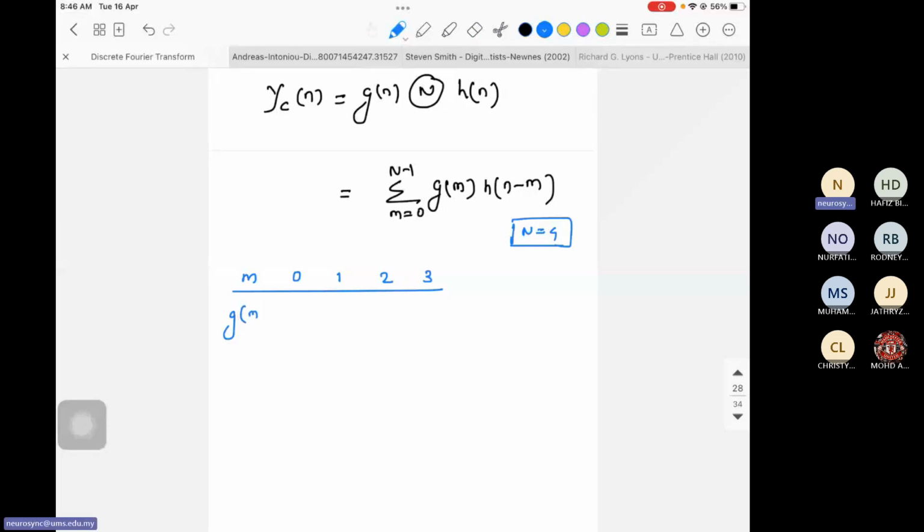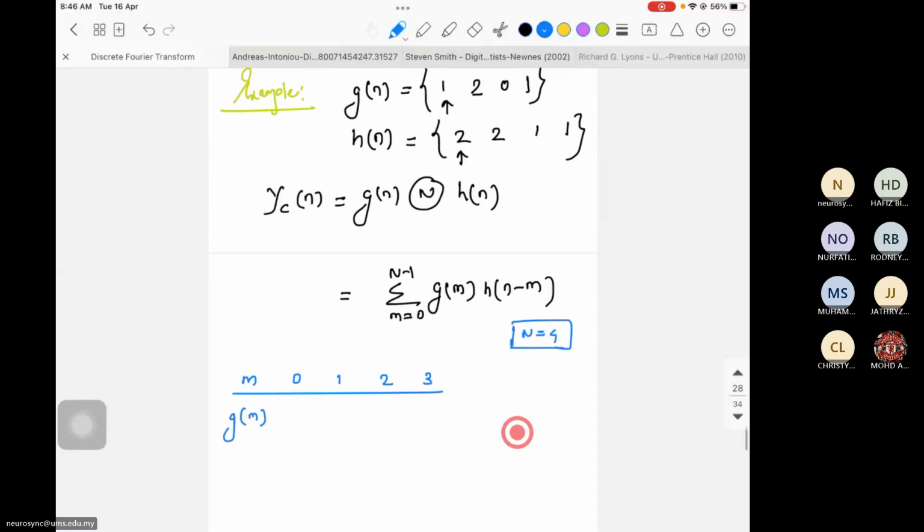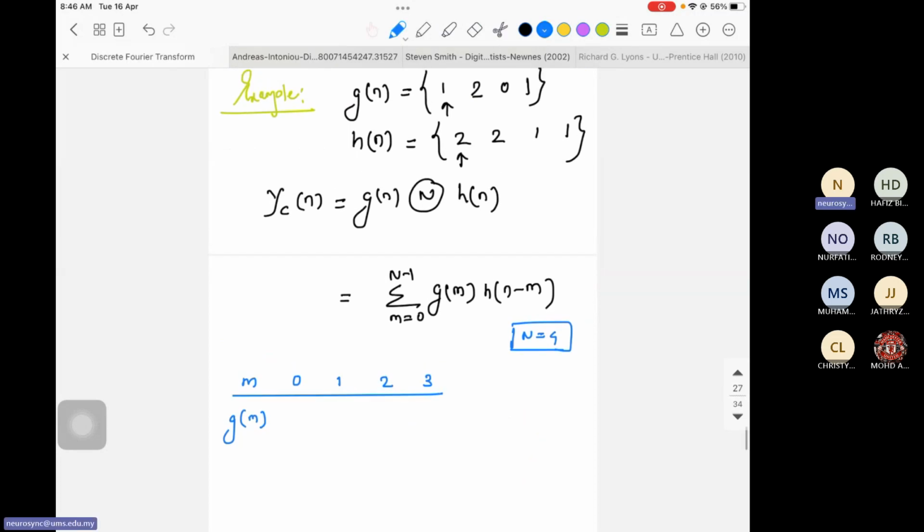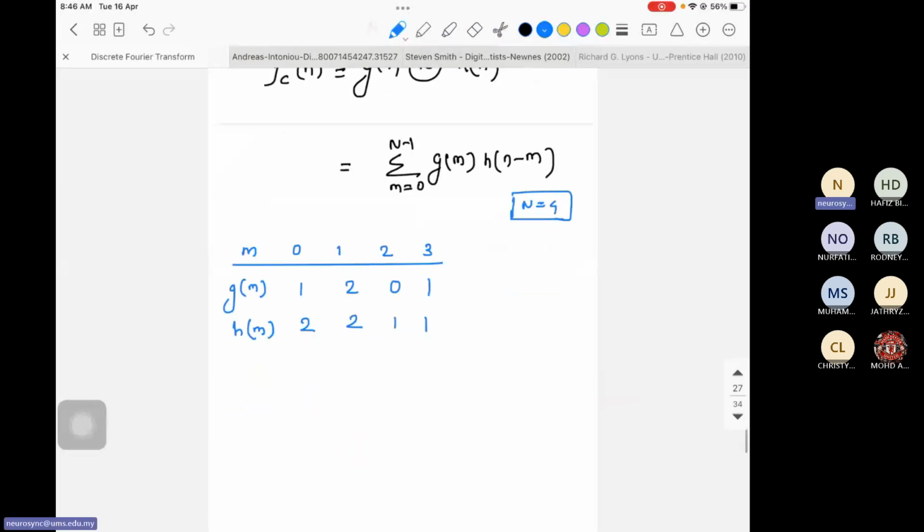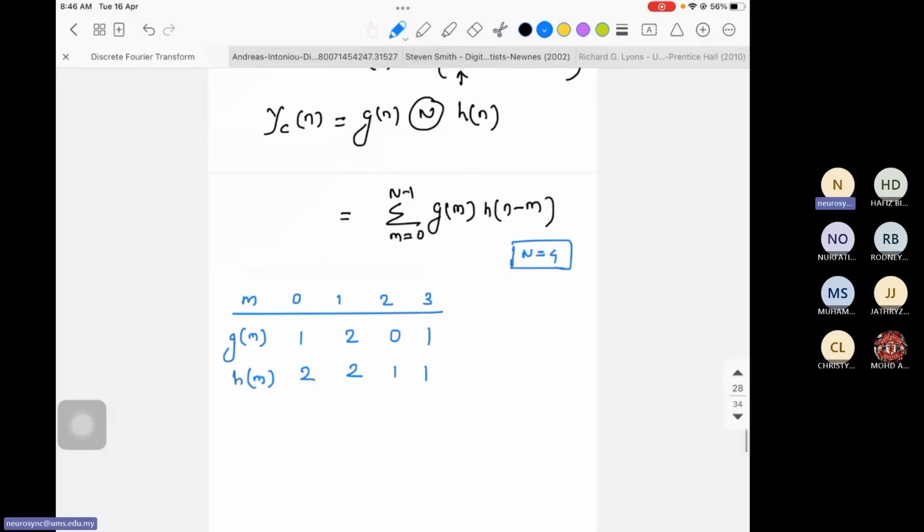So g of m is what is given here: 1, 2, 0, 1. Then h of m is basically 2, 2, 1, 1. This is the given data. Correct. Now, if I want to find out yc of 0, so what is yc of 0 here?